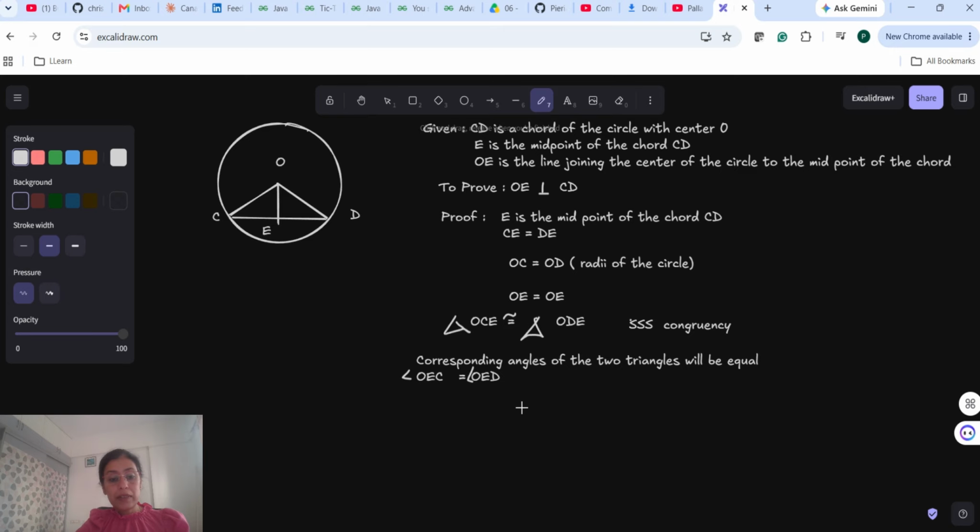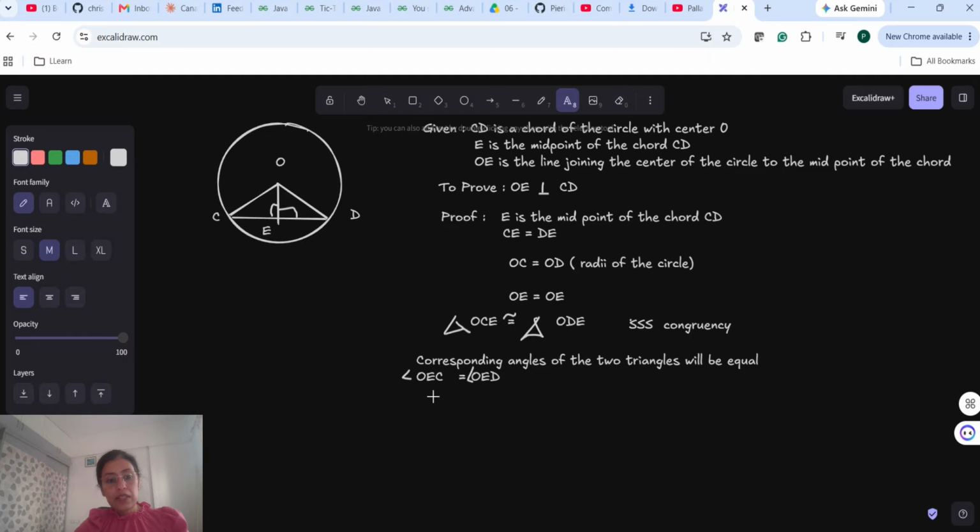What we are saying is this angle will be equal to this angle, right?